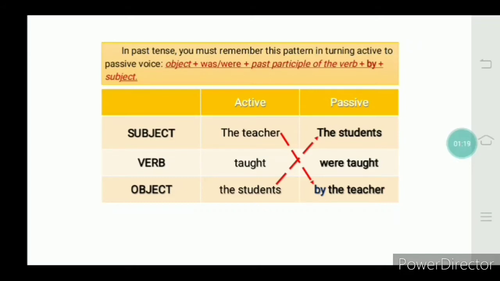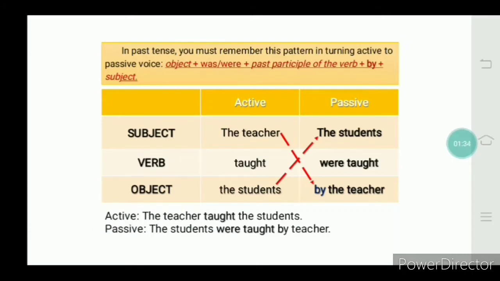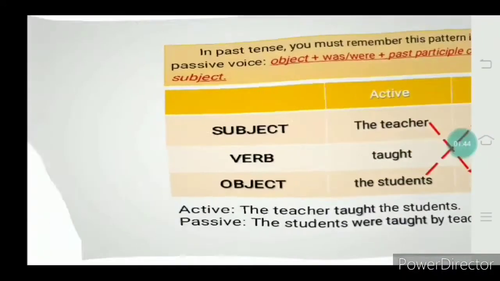Therefore, instead of was, we will use were, then plus past participle of the verb, which is taught, and then plus by, and then the teacher. So our active will be the teacher taught the students, and our passive voice will become the students were taught by the teacher.